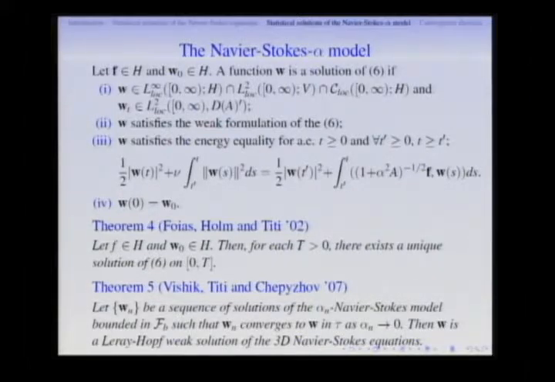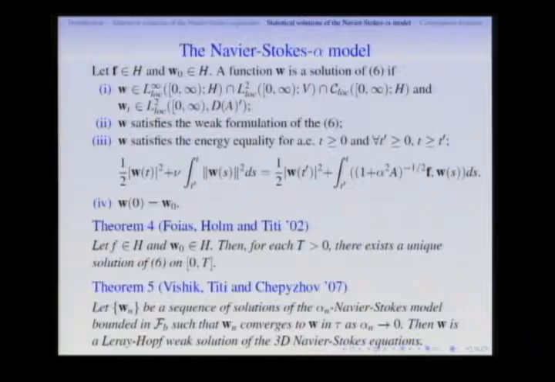And we have the definition of solution for the Navier-Stokes alpha model. So here we have the same space as the solution for the Navier-Stokes equations, with the exception of this one, which for the Navier-Stokes equations had the weak topology, and now we have the strong topology. And also here we have the energy equality, while in the Navier-Stokes equations we had the energy inequality.